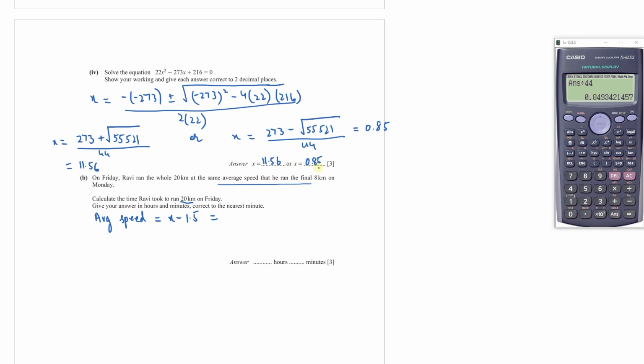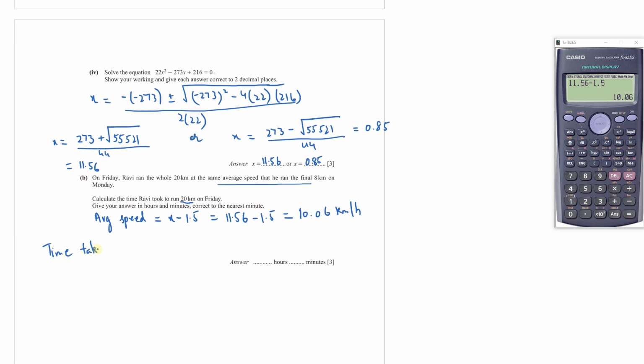Now you cannot use this value of x, 0.85, because 0.85 minus 1.5 will be a negative value and your speed can never be negative. So 11.56 is the value that you will take, minus 1.5. So 11.56 minus 1.5 gives you 10.06 kilometers per hour.